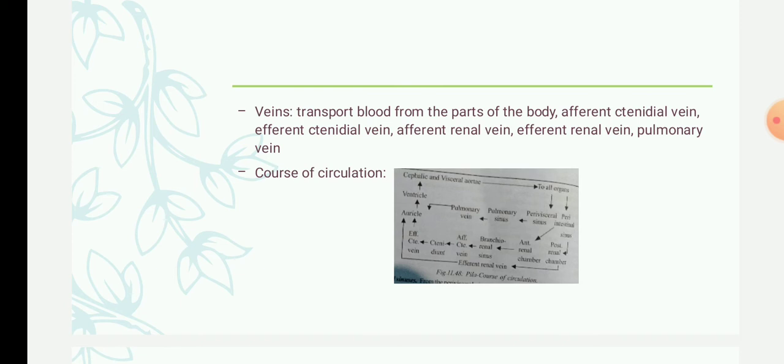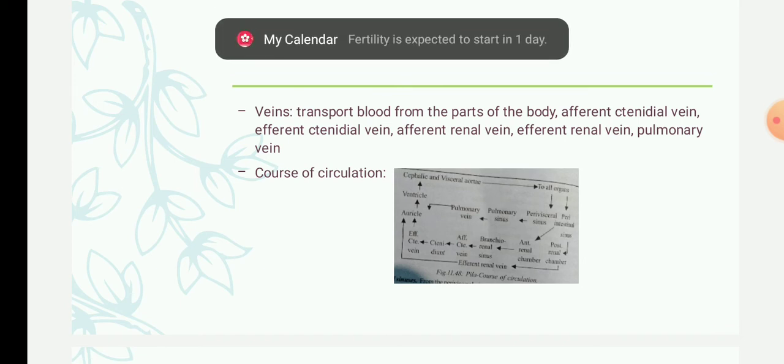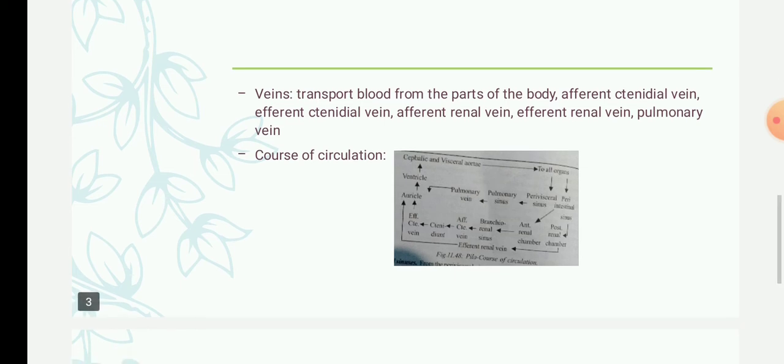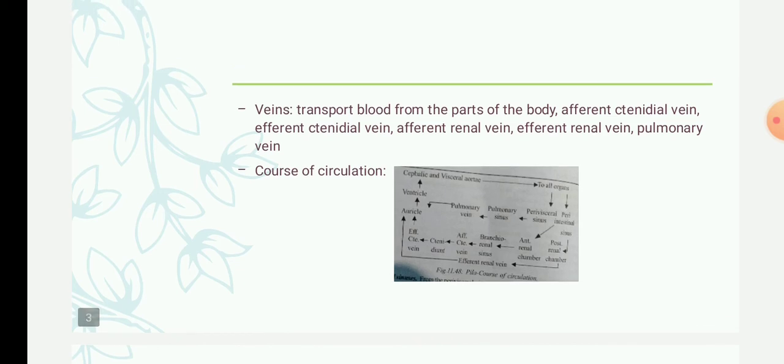The blood from the heart is supplied to all the organs of the body through branches of the cephalic and visceral aorta. From the ventricle the aortic trunk arises, and it bifurcates into the cephalic and visceral aorta. So this supplies blood to the different organs of the body.